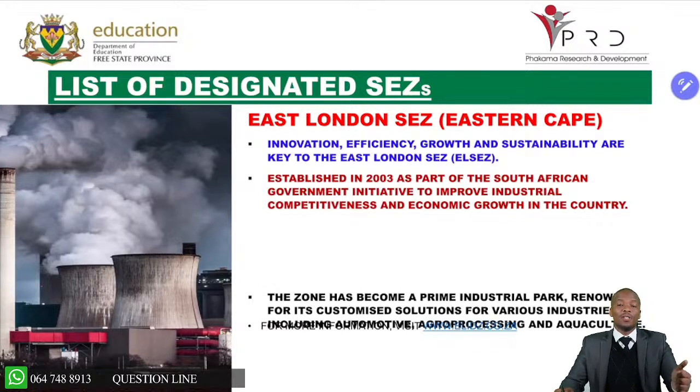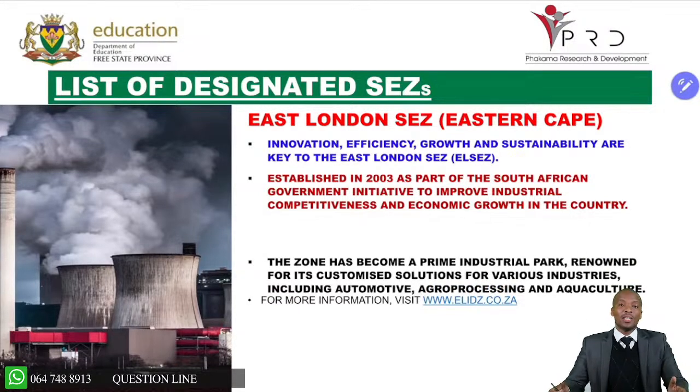Automotive is the issue of vehicle assembly, where vehicles are assembled there. Then we also looked at agro-processing, and water, which is aquaculture, on the other side. So if you need those, you'll find them under the East London Special Economic Zone, which province? In the Eastern Cape.